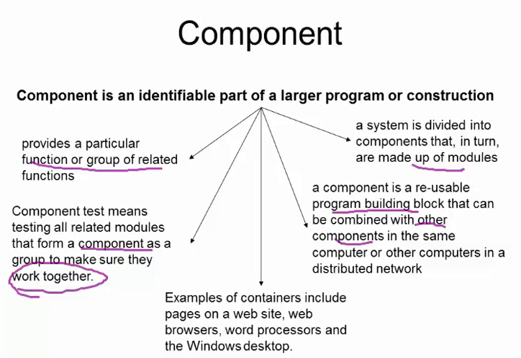So, containers. A container holds a component. A container is going to be something like a page on a website, a web browser. Firefox is a container. Word, Excel, they're all containers. The Windows desktop is actually a component that's a container that contains the desktop, and it's got well-defined interfaces that you can get it to do stuff with.